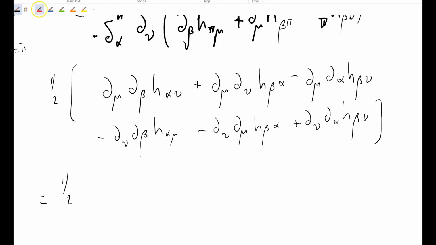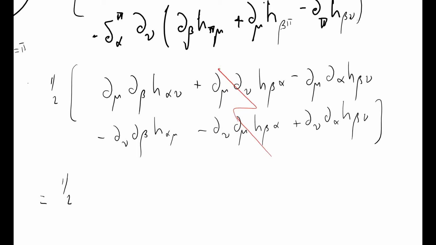Now let me have my red pen here. And it's the middle term here that cancels out, mu nu. That's a mu and a nu and a nu and a mu. Yes, that term and that term cancel out. Signs are opposite, and all I've done is differentiate it in the other order, and we're using regularity conditions here.